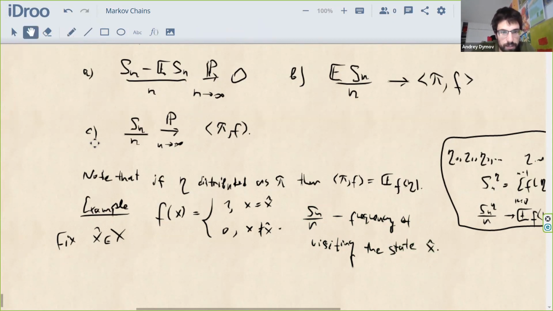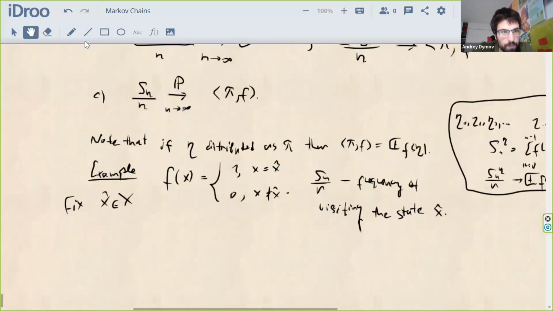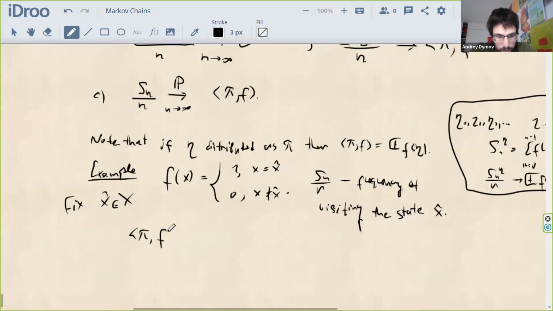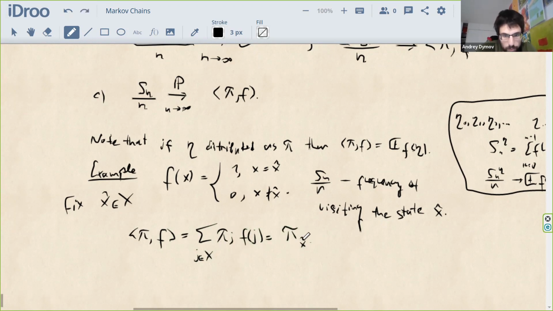And pi applied to f is the summation over j from x of pi j times f of j. This equals pi x hat.